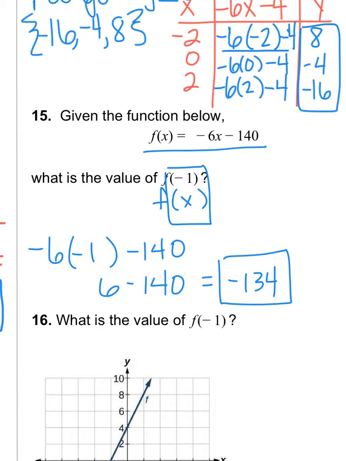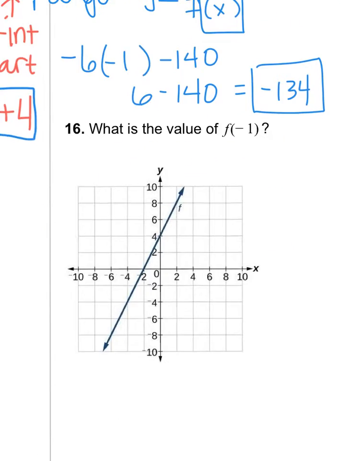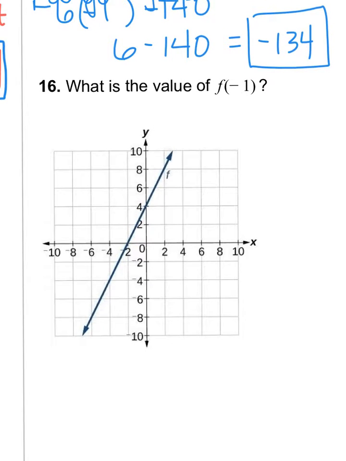And lastly, we have our graph that we're finding the value on. Again, this is representing f of x. X is replaced with negative 1. So whenever x is negative 1, the value is positive 2.